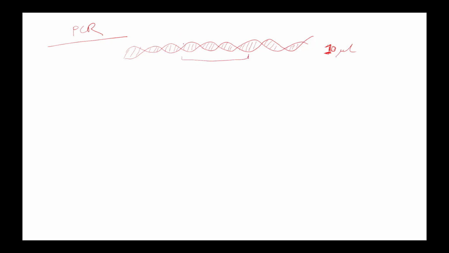Suppose this is your particular gene of interest. This is, I would say, genomic DNA from a certain organism. It has the whole large DNA piece, and this fragment contains your gene of interest, and you want to amplify this particular gene of interest. So that can be done using PCR.